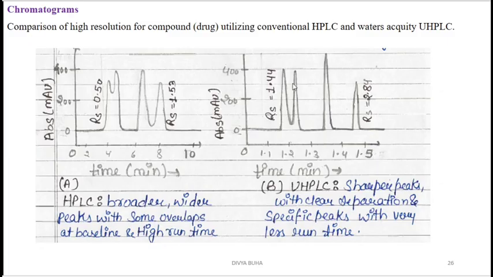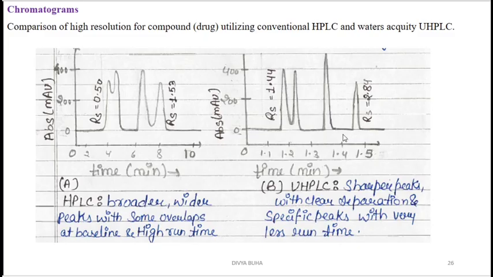Okay, but if you analyze the same drug using UHPLC, then you can see that the peaks are quite sharper. Okay, the width of the peak is lesser. Okay, the bandwidth is lesser. Okay, and the separation is found to be better over here as compared to what is being achieved in this particular chromatogram.